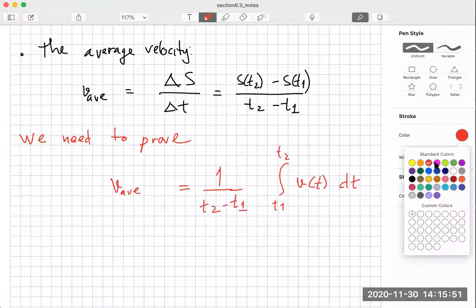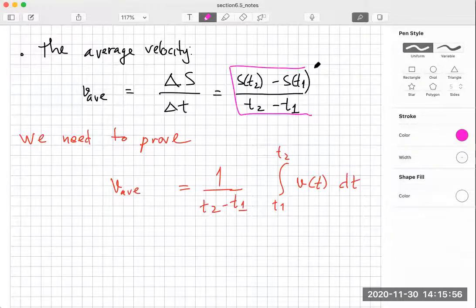In other words, we need to prove this. Okay. This is what we need to prove.